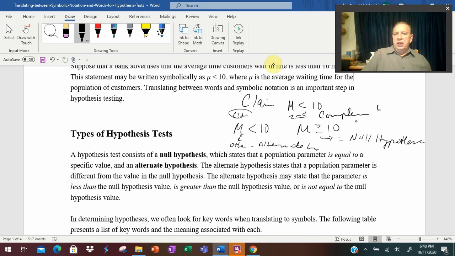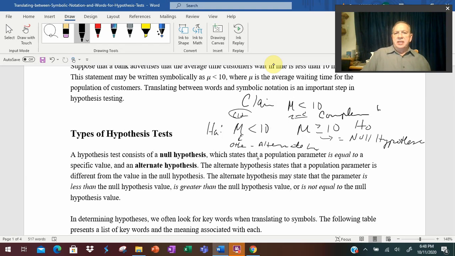This is also shown as H sub 0, the hypothesis 0, the null hypothesis. It is the one that always has the equality. It could have been either one of these, but I'm looking for the equality to assign H0, and the other one is HA or H1, depending on the book or as you go through, okay?